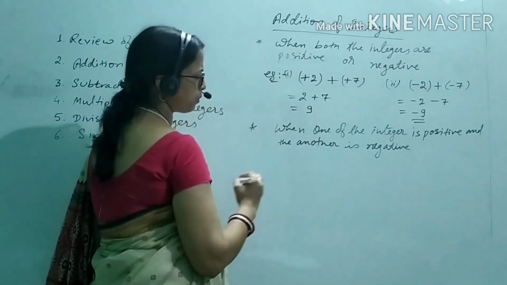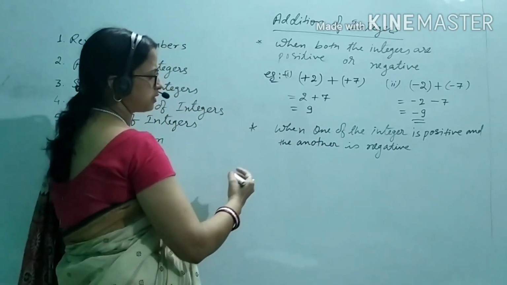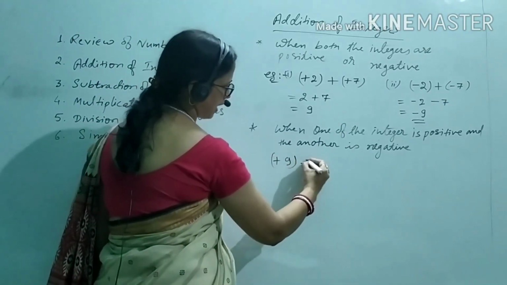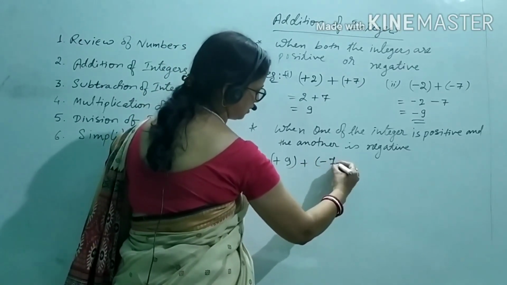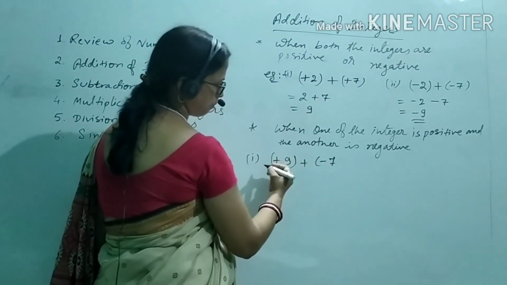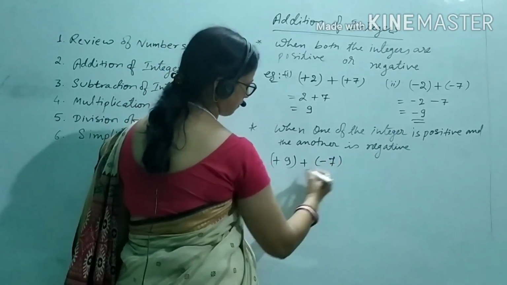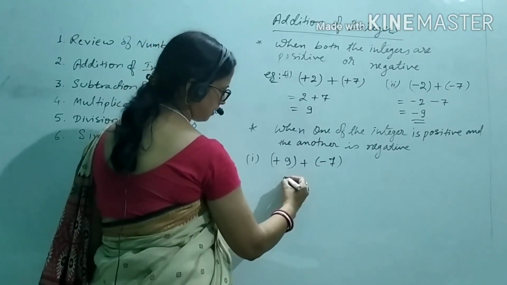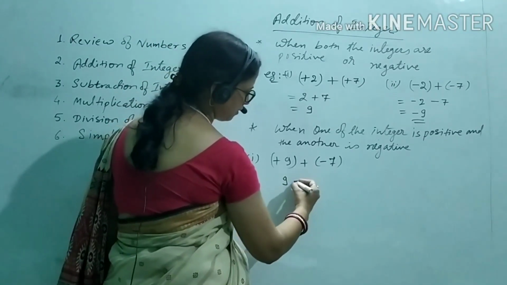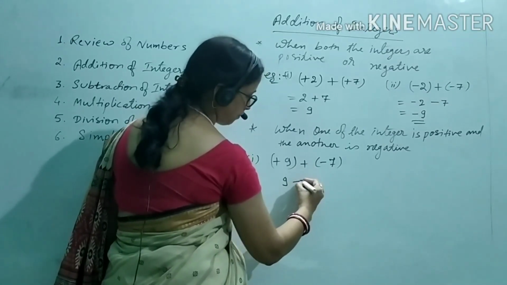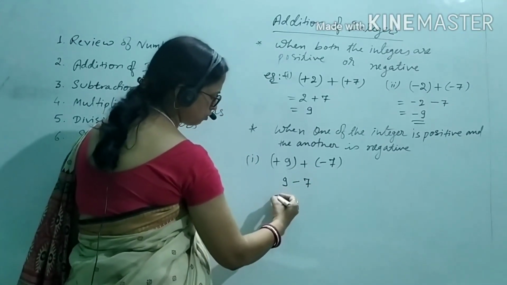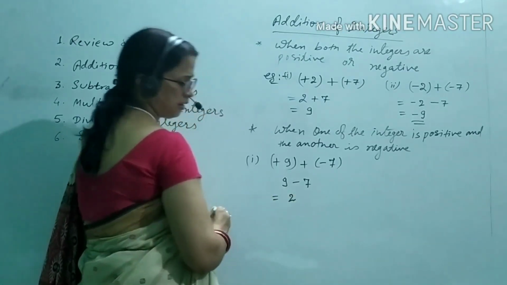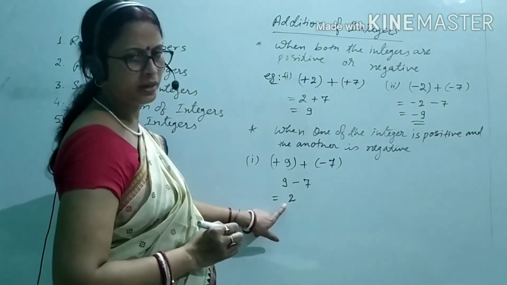When one of the integers is positive and the other is negative, two cases we will see. Suppose the first value is positive and we are adding another negative integer. First example, plus 9 plus minus 7. So here what we do in this case, instead of adding, we will subtract these two and write the answer, and the sign will be the sign of the greater number.